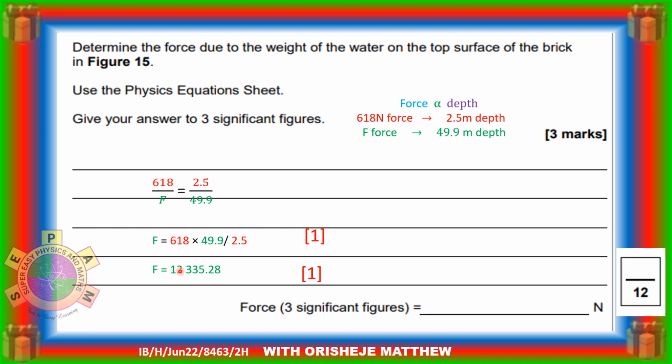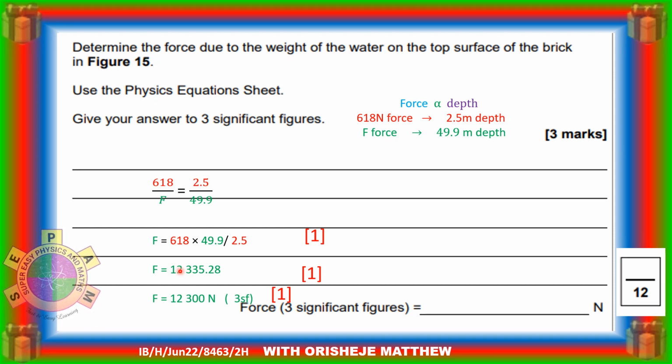So look at the first 3 digits. You have 1, 2, 3. Then you have 35. We want to approximate to 3 significant figures.